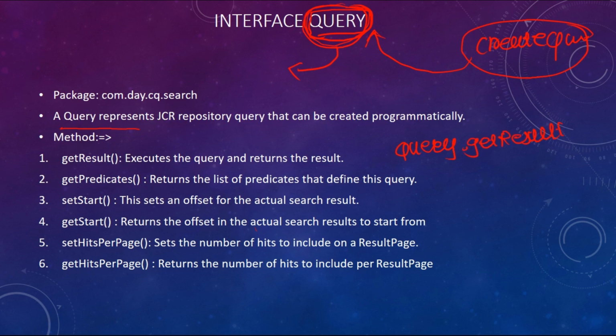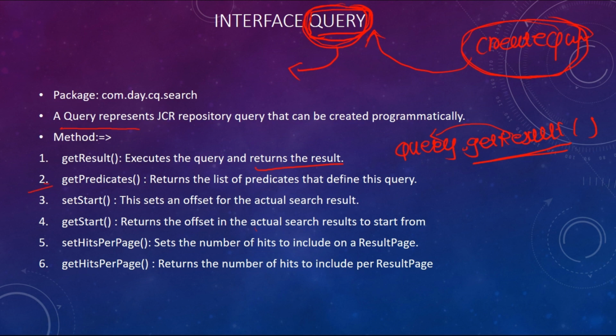What does it mean? This getResult method is responsible for executing the queries you have created. This method is present inside your Query interface, and by using it you can easily execute and return the result.